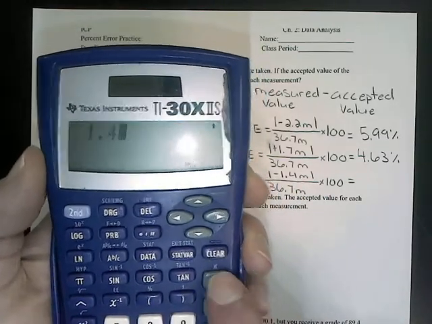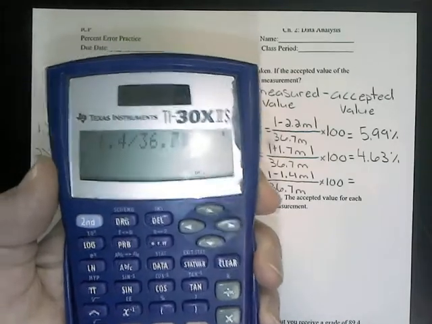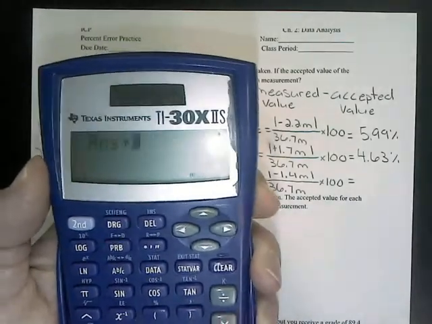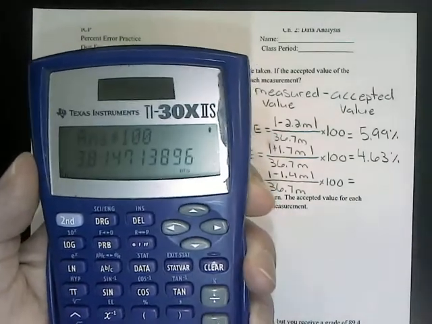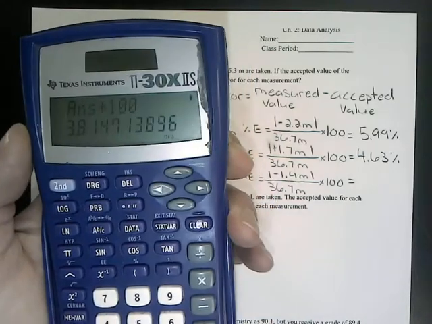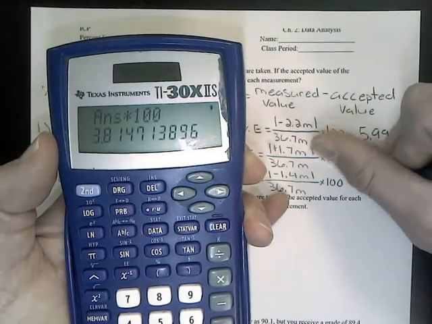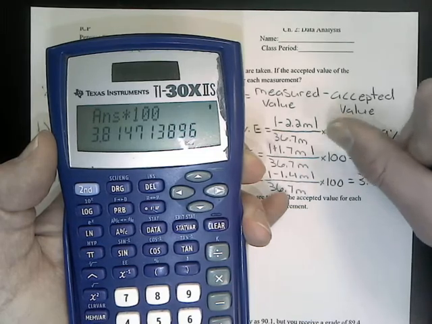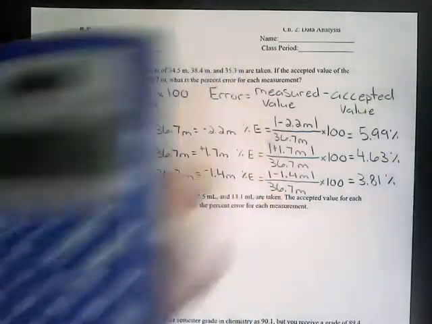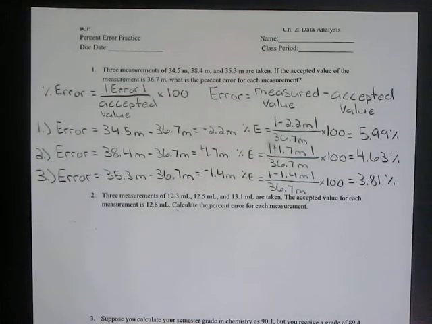So that's what I'm going to put in my calculator. We divide that by 36.7. We press enter. We multiply it by 100 and round to 2 decimals, which gives us a value of 3.81%.